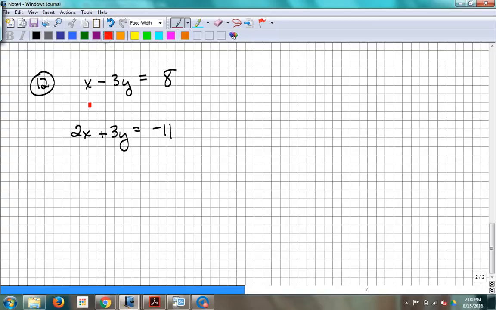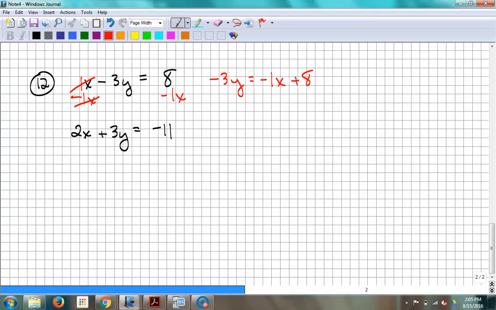So I'm going to subtract the 1x. And that's going to give me negative 3y is equal to negative 1x plus 8. So I've subtracted the x to move it over to the other side, and that left me the negative 3y, a negative 1x, and an 8.